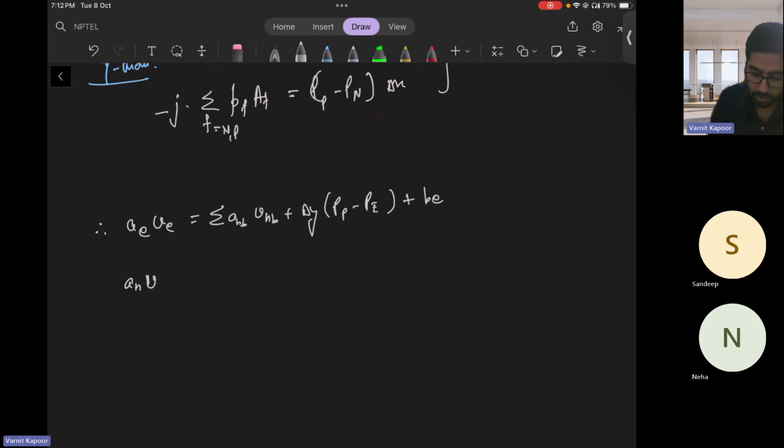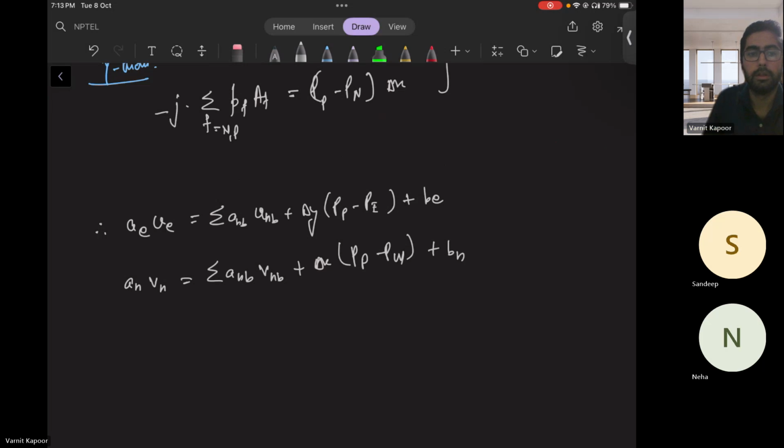And AN VN is equal to summation of A nb V nb plus del X times PP minus PN plus BN. I hope it is clear. Any doubts? Neha, Sandeep, do you have any doubts?